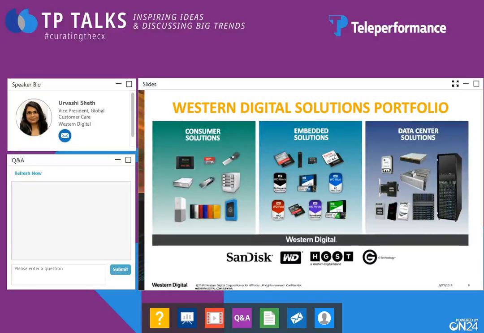So we have this portfolio of storage products, which we are, I would say, one of the biggest storage products provider and technology leader. If you look at this portfolio, we are pretty much covering the storage needs from a grandma of a 65-year-old in Wisconsin to a very, very high-end IT person's need for running the data center.